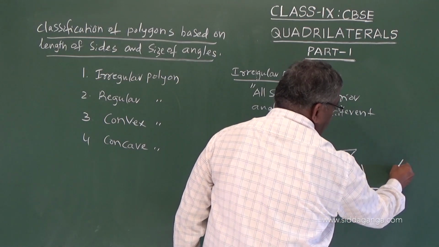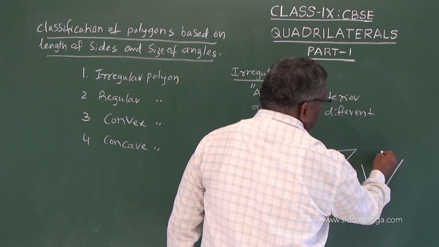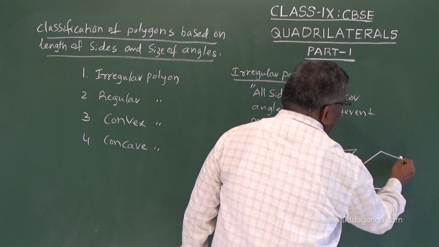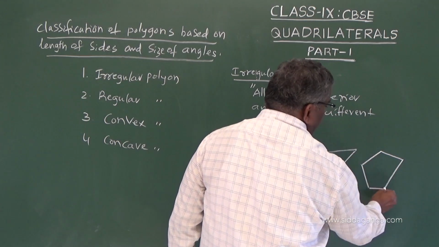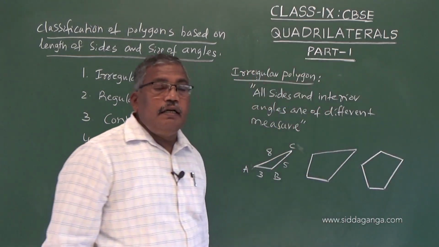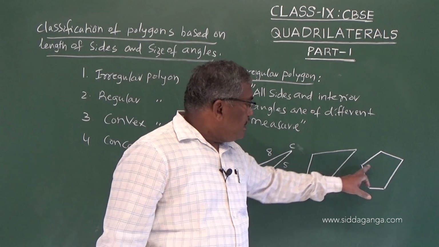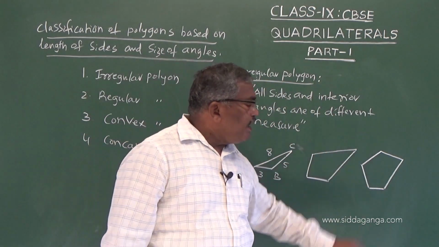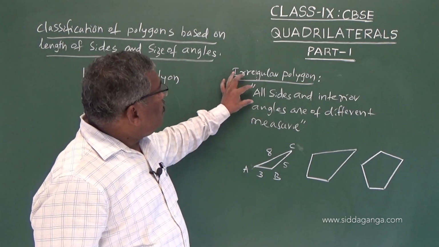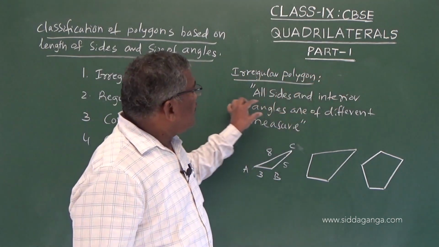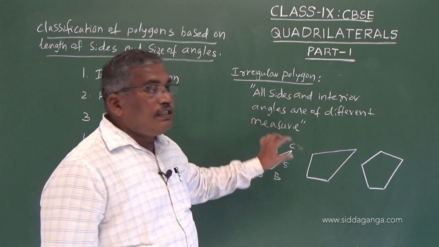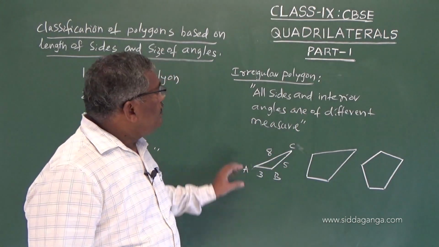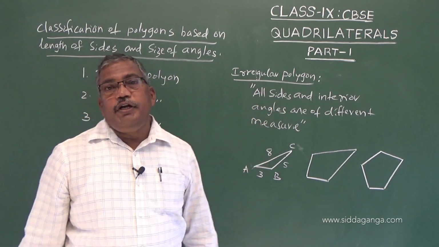This is a 5-sided figure. 1, 2, 3, 4, 5. It is a pentagon, but the sides are of different length, then the angles will also be different. So all sides and interior angles are of different measure. Figures of this kind are called irregular polygons.